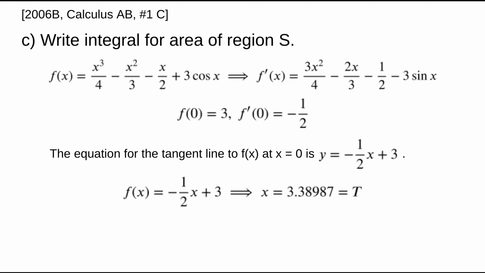So the area of region S can be found using the integral from 0 to t of the higher of the two functions, which is the tangent line, so negative 1/2 x plus 3, minus the lower of the two functions, which is f of x, and then dx.